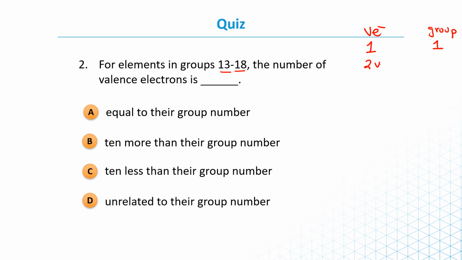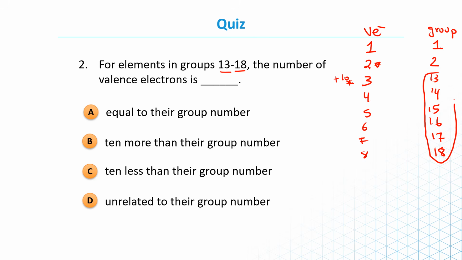If you have 2 valence electrons, you are in group 2. If you have 3, you are in group 13. So starting from 3, you start adding 10. 4, 14, 5, 15, 6, 16, 7, 17, and 8, group 18. So they are telling you these groups, okay?